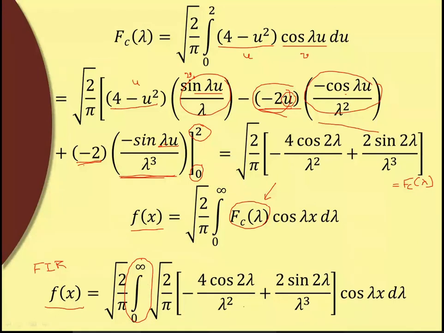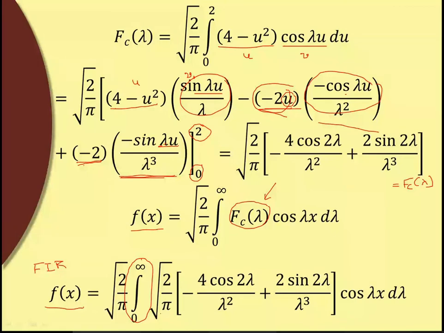So we don't have to solve this integration again. Only one integration in all problems of Fourier we have to solve. The second will be representation in the form of integration. If you solve this integration again, you will get the original function 4 minus x square again. So don't solve this again.